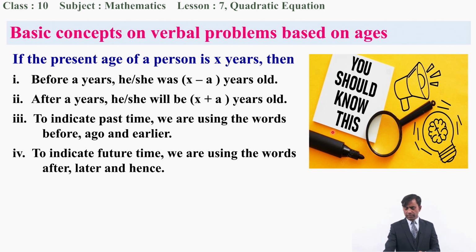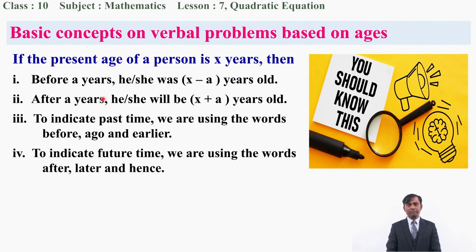Number one, the condition: if the present age of a person is x years, the present age, not past age, not future age, then what was that person's age a years before? It means present age minus a. Similarly, before means we are doing minus.